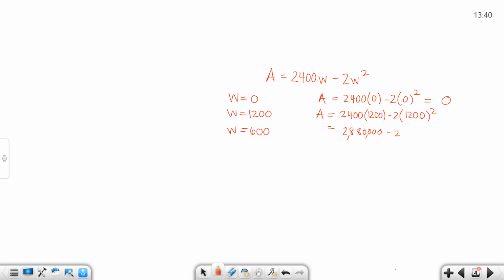Okay, so then we have 1200 squared times 2, which would also be 2,880,000. When you subtract that out, you get 0 for that one as well.